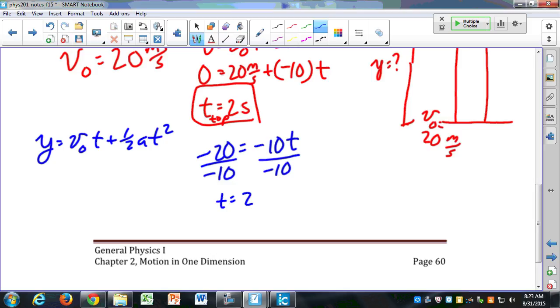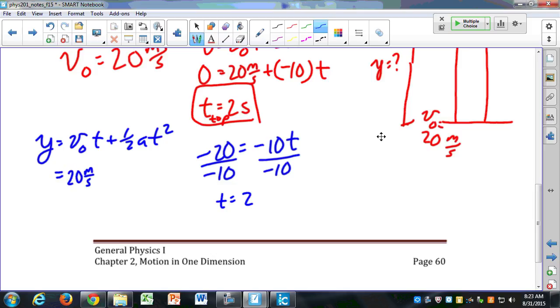All right, so what time am I going to use here to find the y position at the top? 2 or 4 seconds? I'm going to use 2. That's right, Lazarus. So I have v naught times 2 plus 1/2 of negative 10 times 2 squared. So v naught is 20.